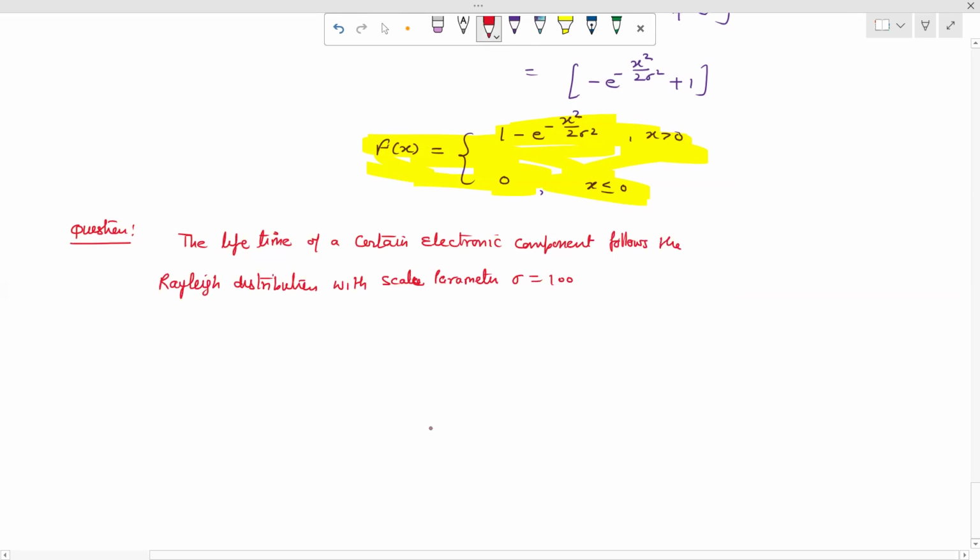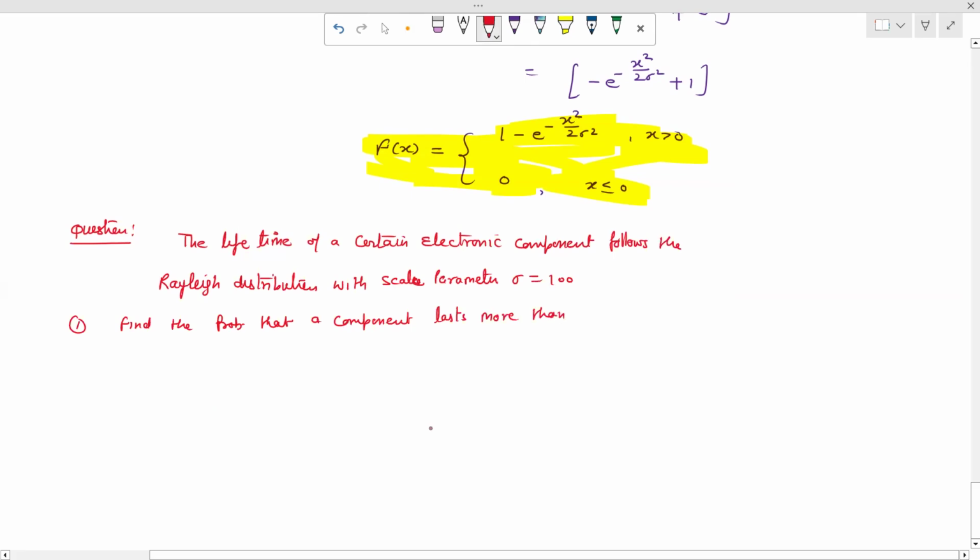Sigma equal to 100. First, find the probability that a component lasts more than 150 hours.